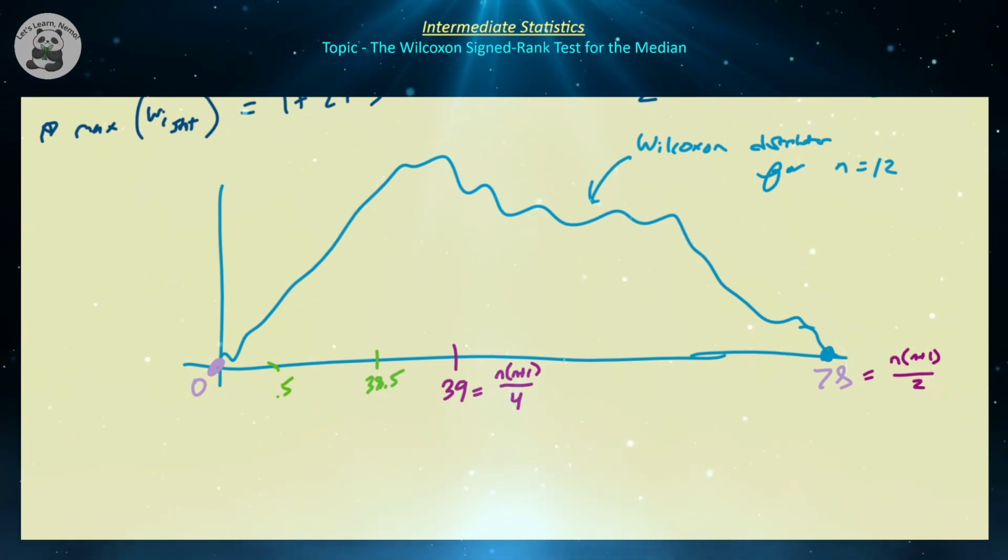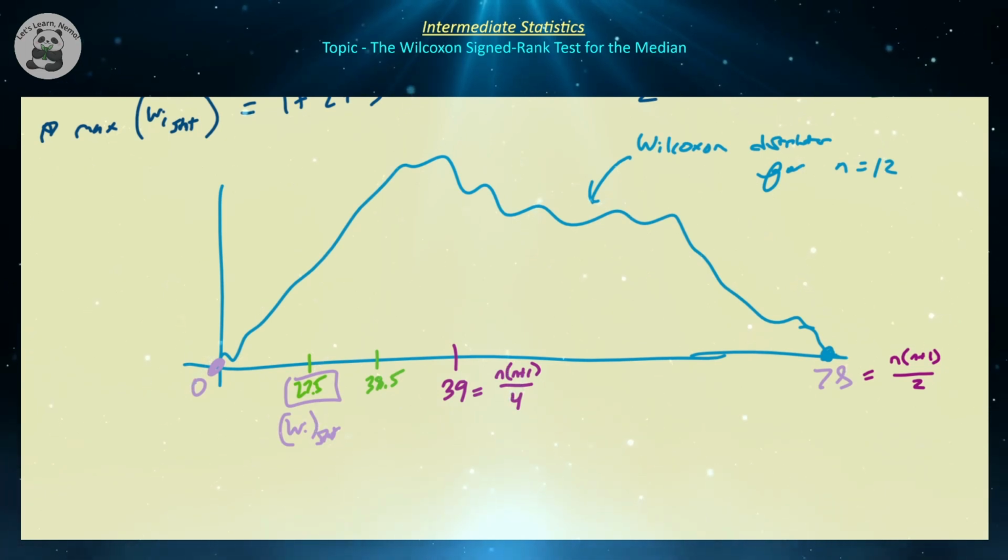I actually want to leave just a little bit more room in this distribution, because I'm sort of stretching out this graph just a little bit, and I don't want to make it misleading. Right? So there's our Wilcoxon test statistic, and if we have evidence to believe that the median is indeed the claim, then both of these should be somewhere near 39.